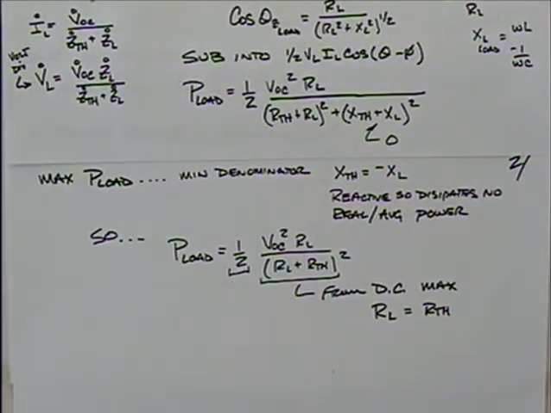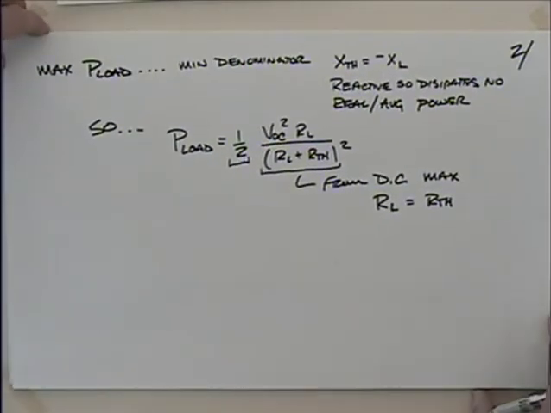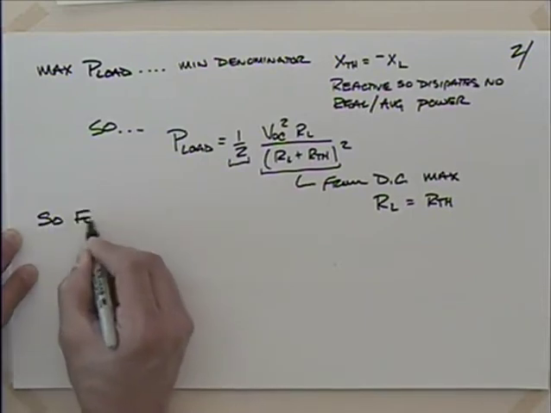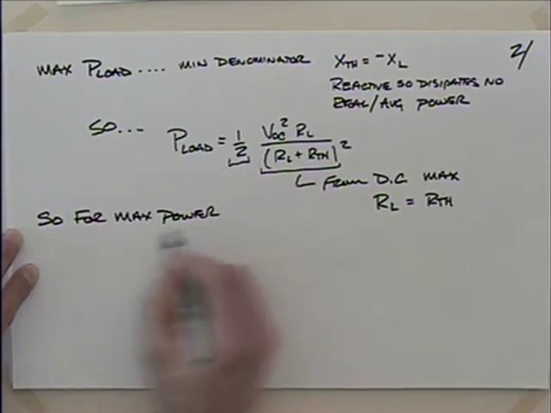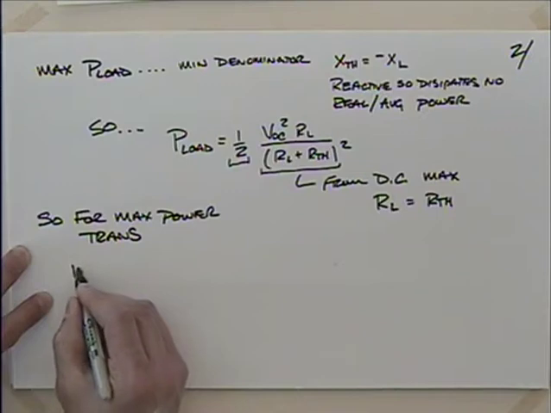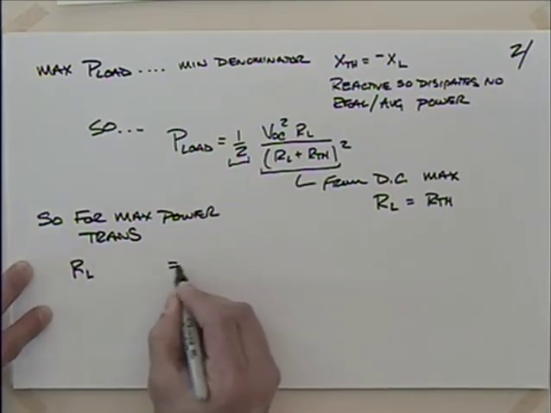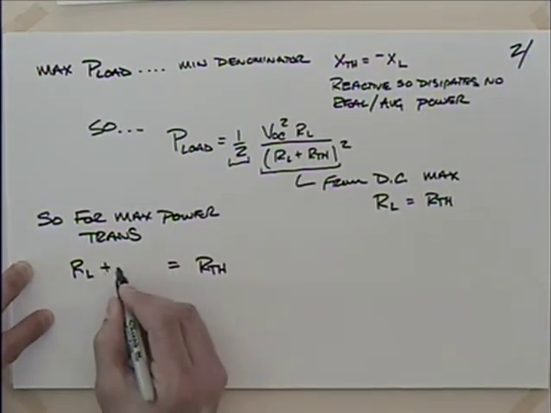We went through the calculus, you can go back to the lecture from last term, and we found that that was how we got a maximum. So now, we can say for maximum power transfer, we want the RL to be equal to R Thevenin, and we would like what?